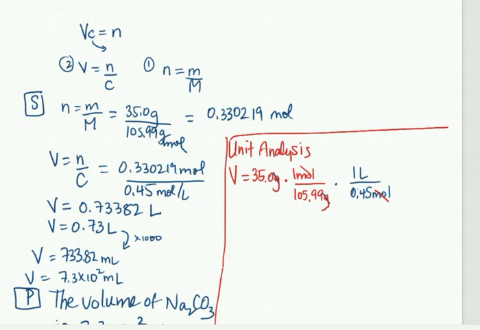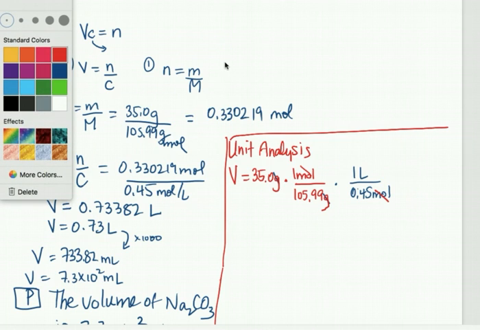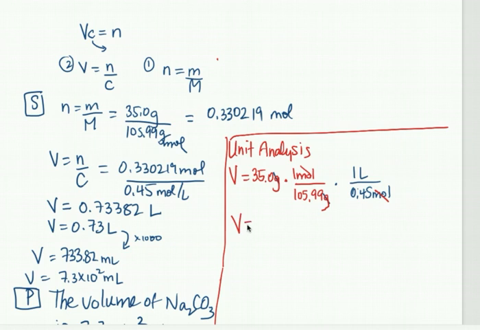So that's why this method is quite efficient, because if you can't remember exactly the way the formulas are supposed to go, you can just use the units and adjust them so that you get the units that you want, liters, and then it cancels out everything else. All right, so 35 divided by all the stuff at the bottom here makes 0.7338 2 liters.